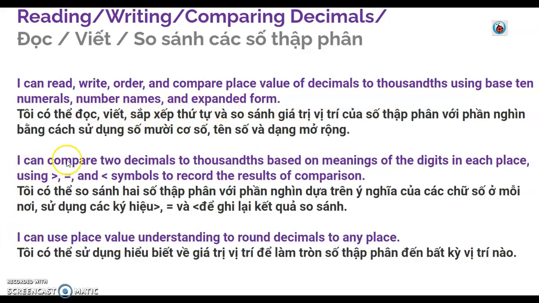We also will be comparing two decimals to the thousandths based on the meaning of the digits in each place, using the greater than, less than, equal to symbols to record the results of comparisons. And we will continue to practice using the place value understandings so that we can round to any place.